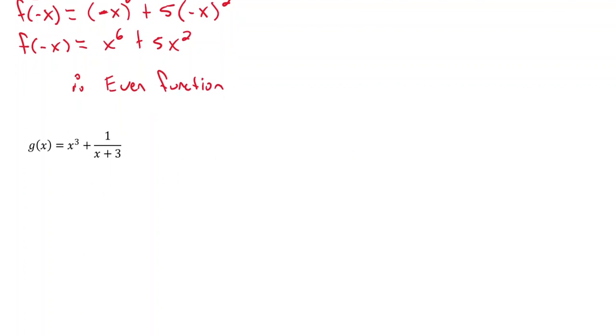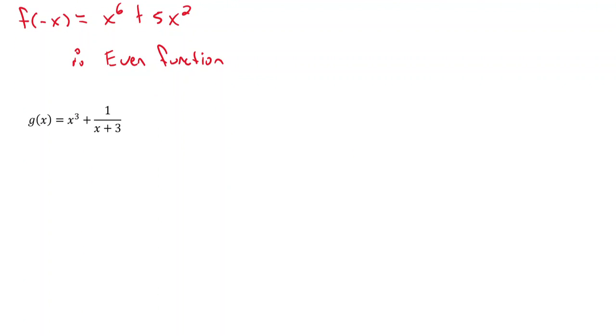Okay, let's look at the next one. Again, if I want to tell whether this is even or odd, we're just going to put in negative x for our argument here. So g of negative x is equal to negative x in brackets cubed plus 1 over negative x plus 3.